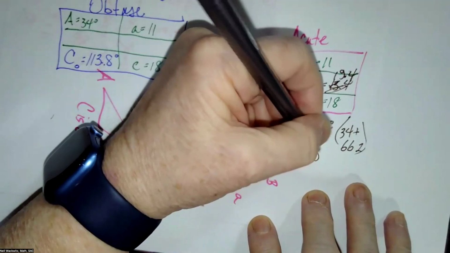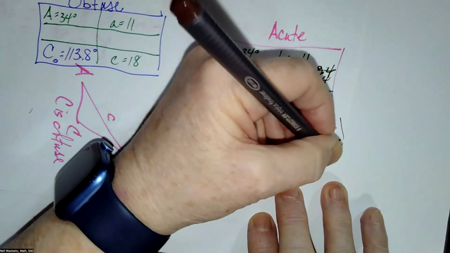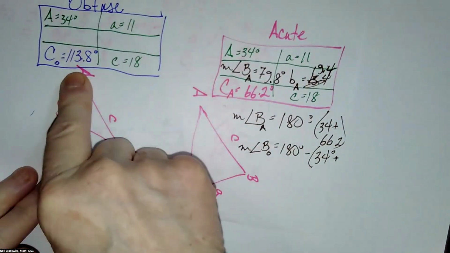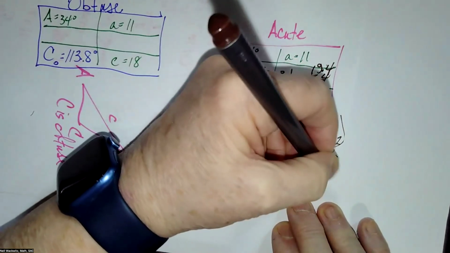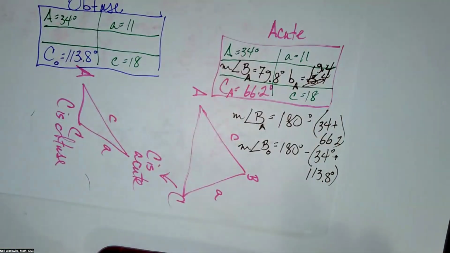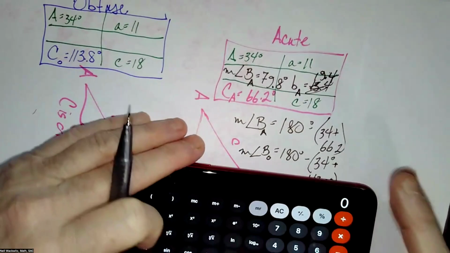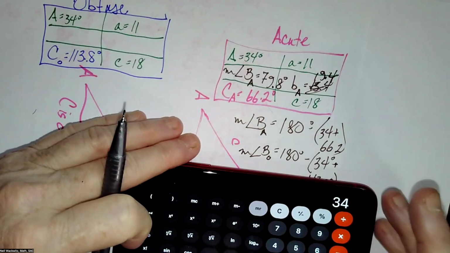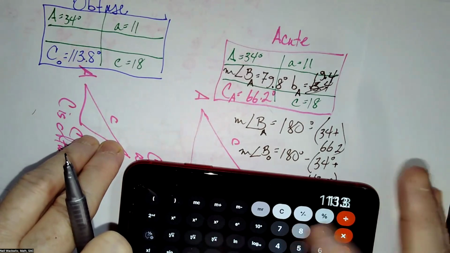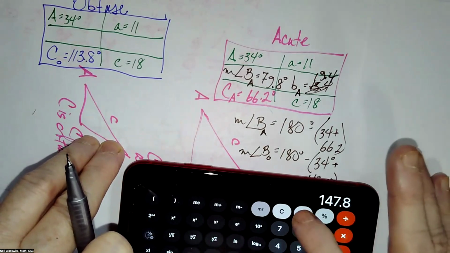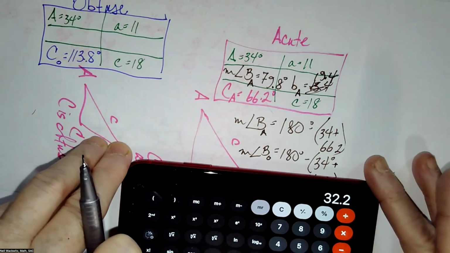It'll be 180 minus the sum of 34 and 113.8. So let's see. 34 plus 113.8 equals, negate it, add 180. We get 32.2.